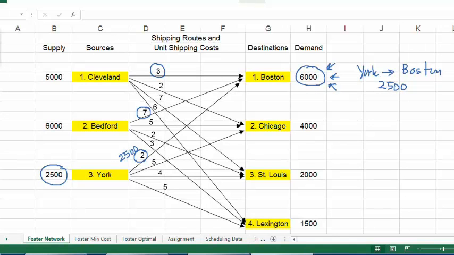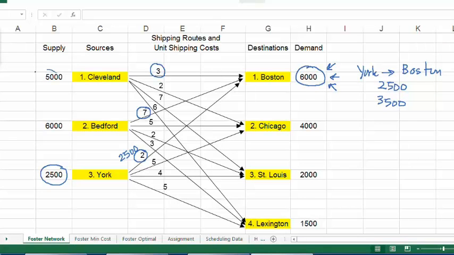Then we look at the other 2 choices. Out of these, which one has the cheapest cost? Cleveland. So we're going to take Cleveland. And how many does Boston need now? 3,500, right? 6,000 minus 2,500 is 3,500. Does Cleveland have 3,500?